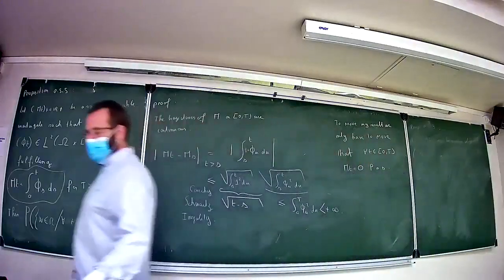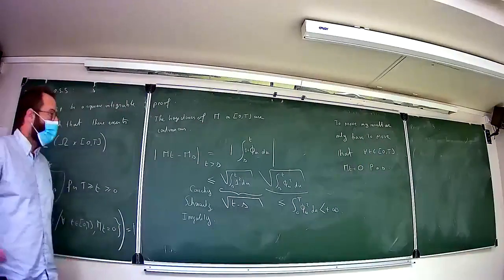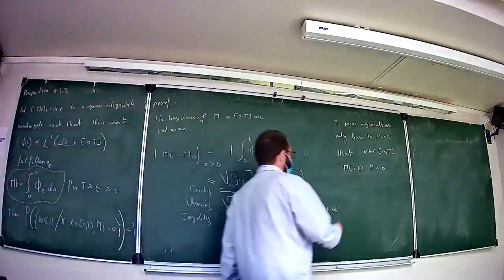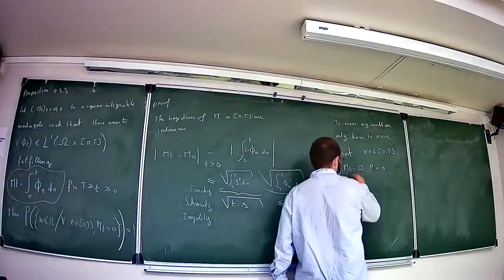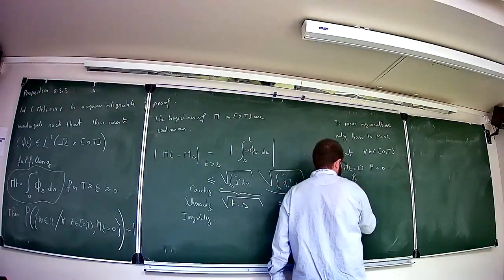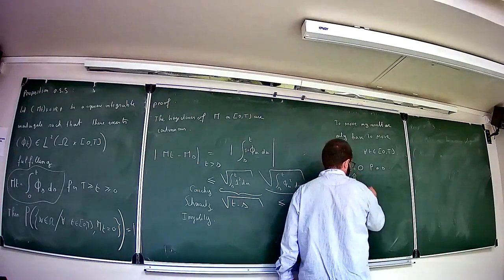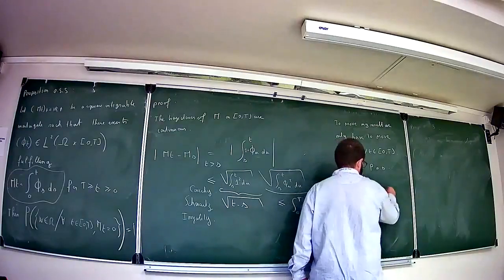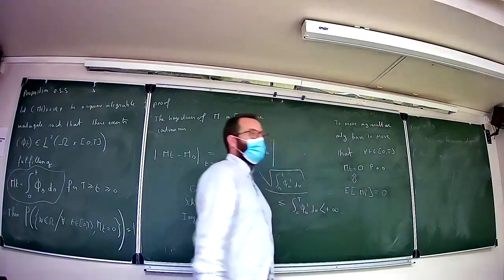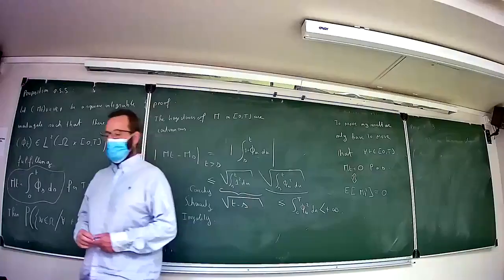To prove that MT is equal to 0 almost surely is in fact equivalent to proving that the expectation of MT square is equal to 0.